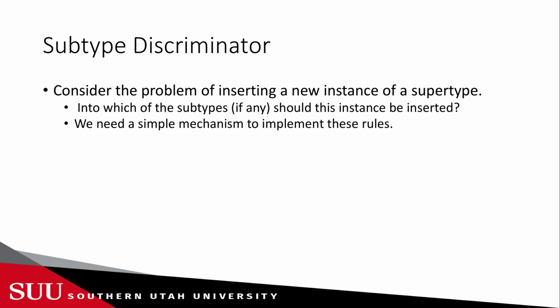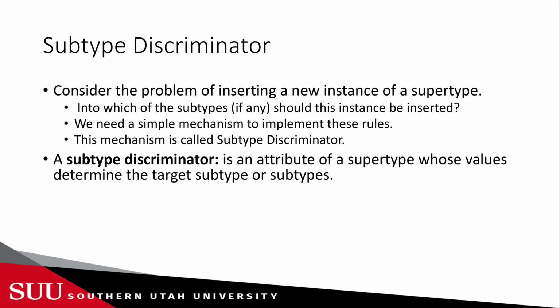So we need a simple mechanism to implement these rules, and this is what we call the subtype discriminator. The subtype discriminator is an attribute of the supertype whose values will determine the target subtype, or even possibly target subtypes in the case of an overlap.